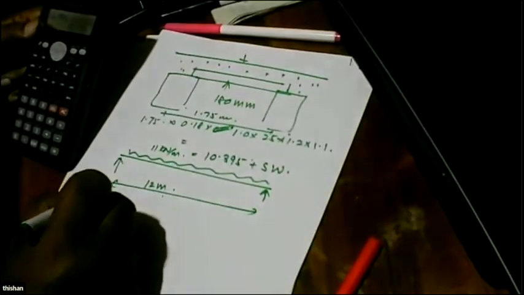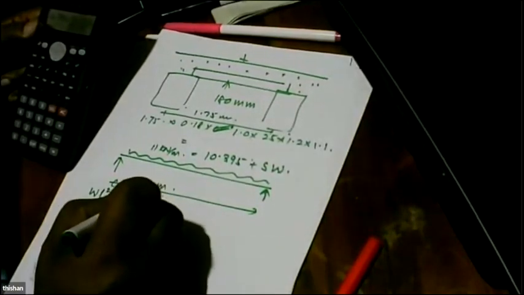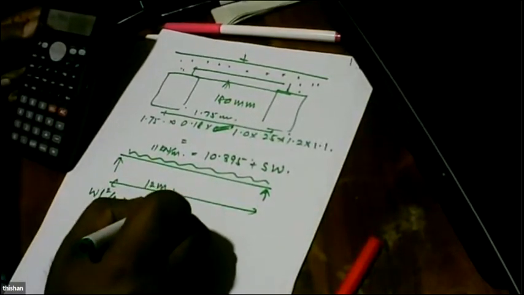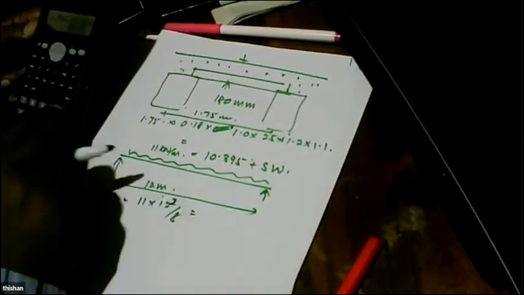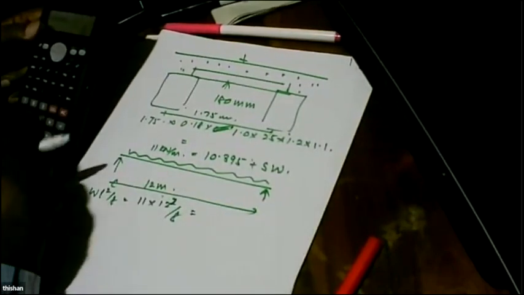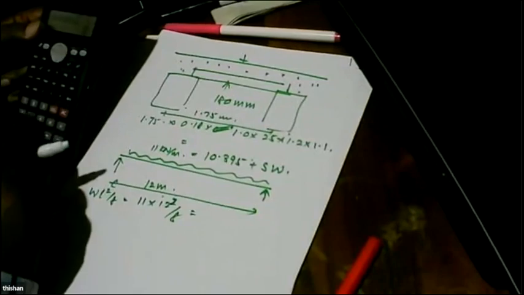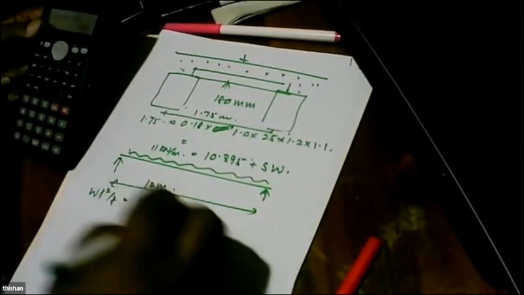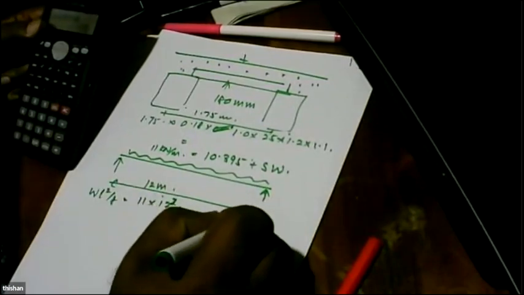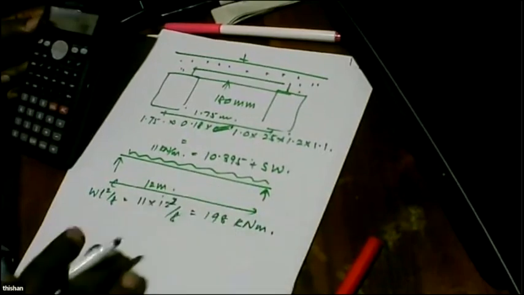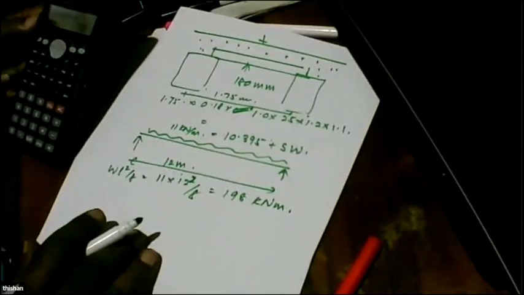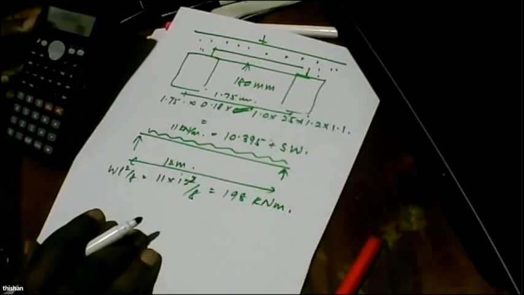So WL squared by 8 is equal to 11 into 12 squared divided by 8, that is 198 kilonewton meters. So it has to be designed to carry 198 kilonewton meters.